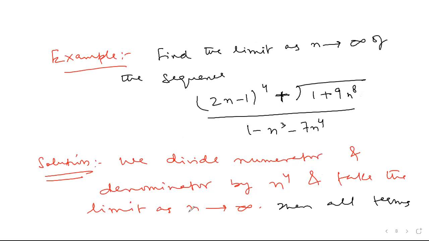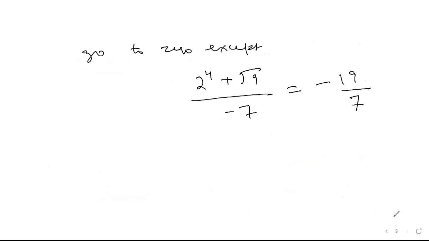But we see all terms in this sequence go to 0 except 2 raised to 4 plus square root of 9 over minus 7, which is minus 19 by 7.